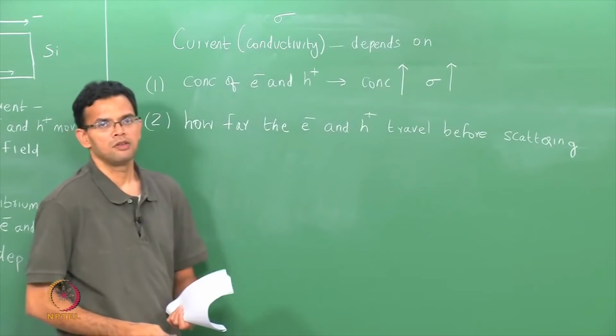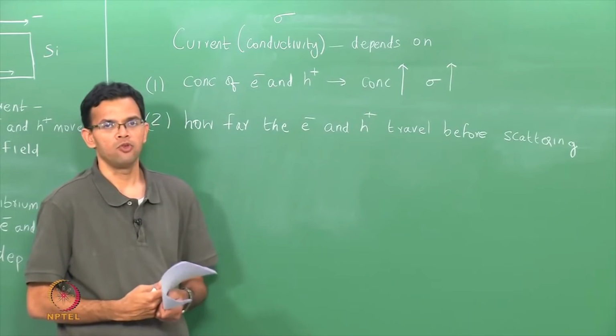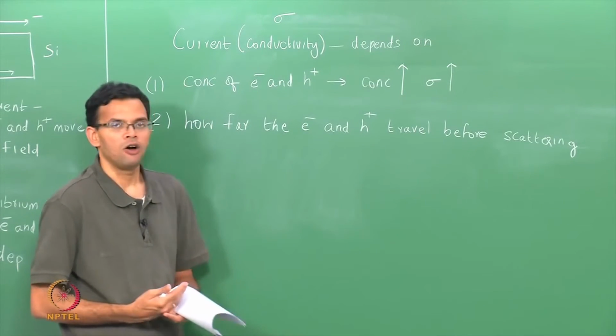Remember, you have electrons that are moving in the conduction band and you have holes that are moving in the valence band, but these are moving through a solid of silicon atoms.